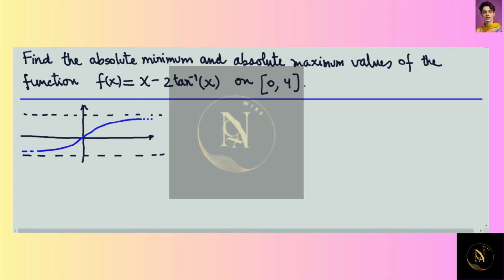As we can see, this function is defined and continuous on the real numbers. So let's say here this is tangent to the negative 1 of x.